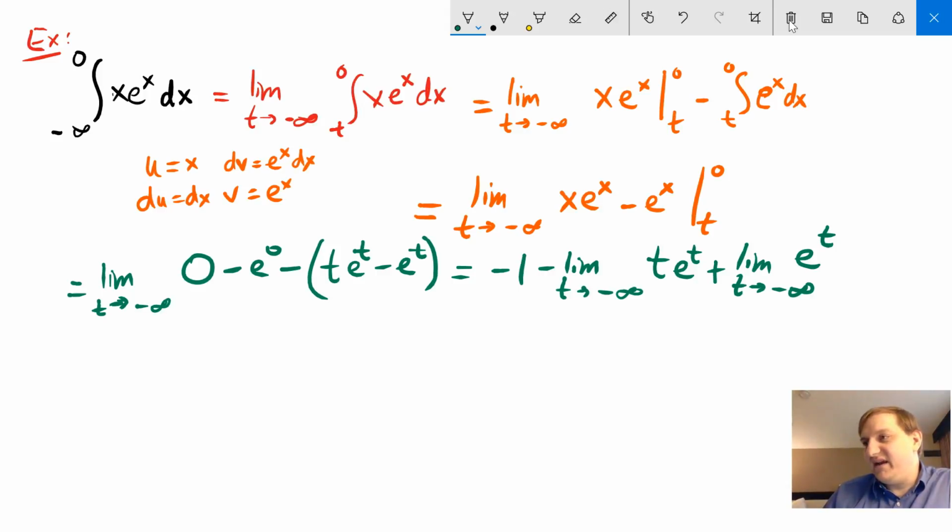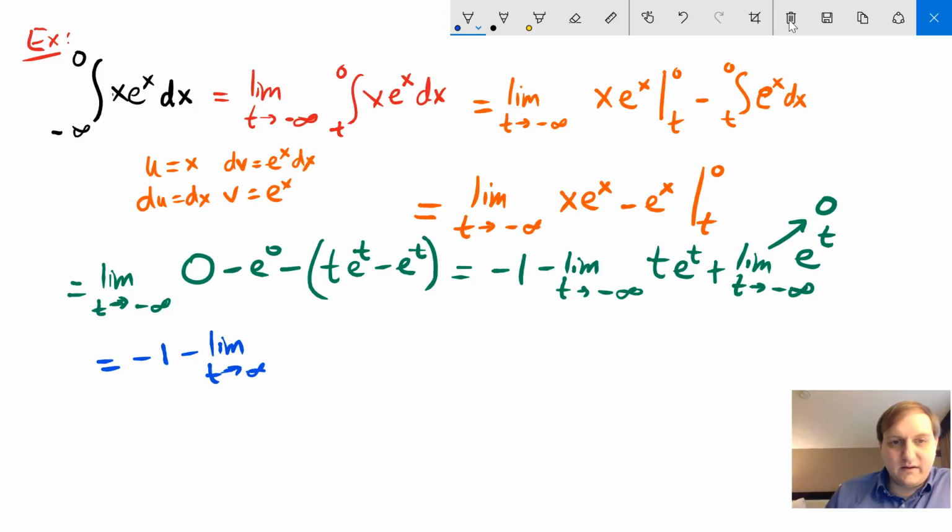As t goes to negative infinity, we know that e to the negative infinity is 1 over e to the infinity. e to the infinity is a really big number, so 1 over it is a really small number. So that goes to 0. The question is, what about this? Technically, we have to use L'Hopital's rule. So this is negative 1 minus the limit as t goes to negative infinity of t over e to the negative t.